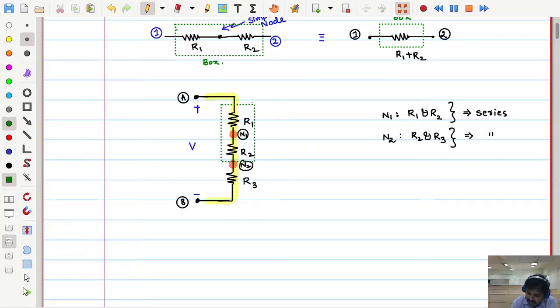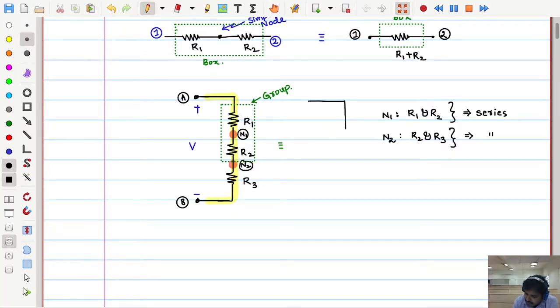Let us assume that these are very close friends. So we are grouping R1 and R2. Then see that this dotted box is connected in series with R3. That means I can write this in this way. So between the A and B terminals, if R1 and R2 are in series, what will be its equivalent?